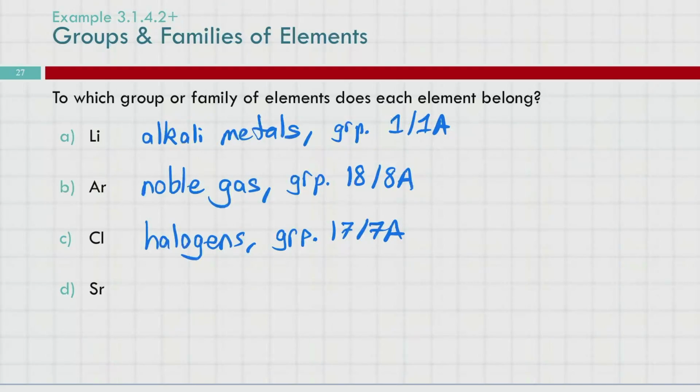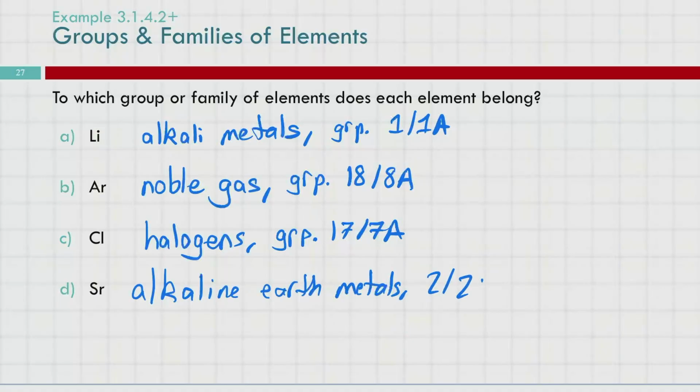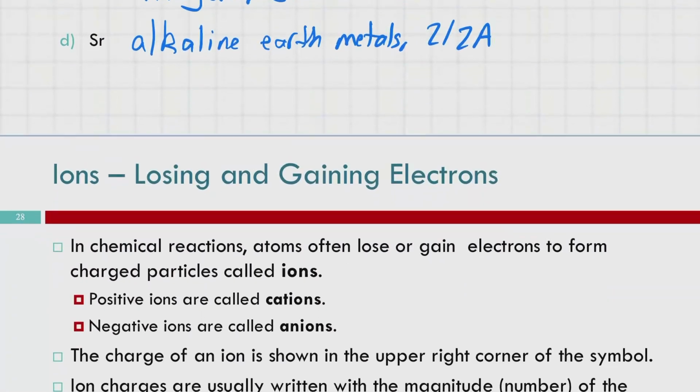It's in our alkaline earth metals, which is 2 or 2A. Questions about any of those? Great.